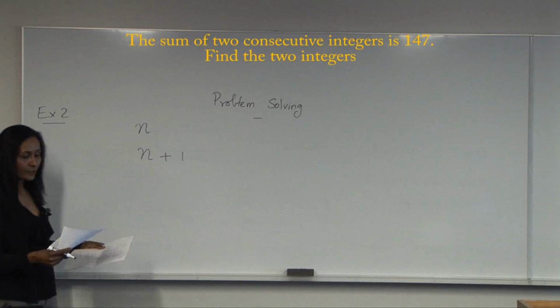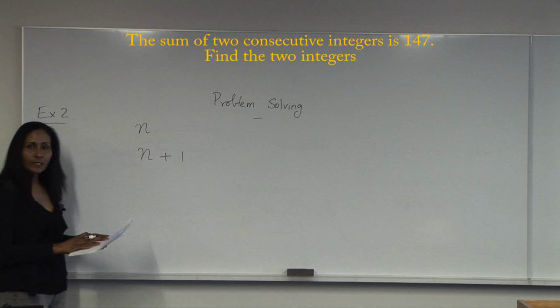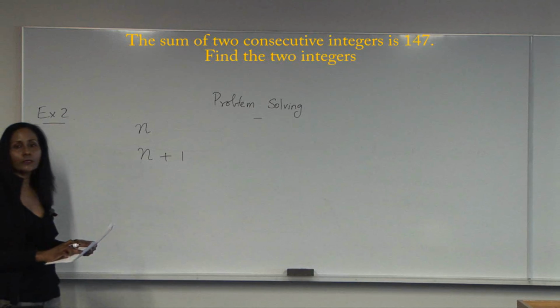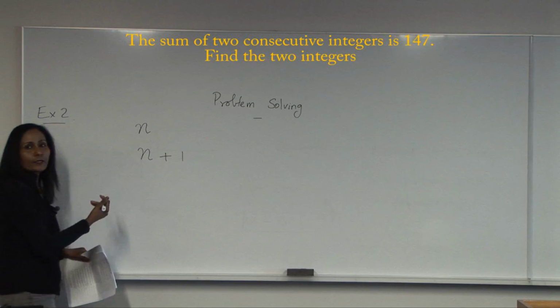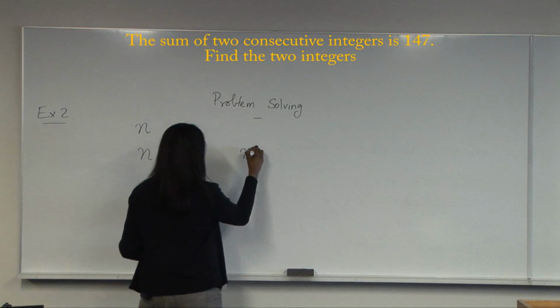So now here the condition is, there is something given, right? The sum of these two is equal to 147. Find the two integers. So let's write down that condition. Sum means you have to add those two.